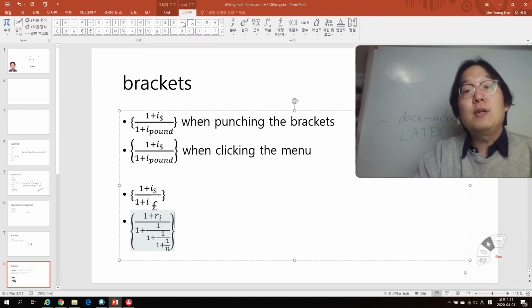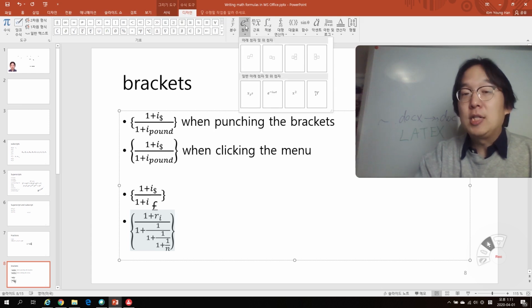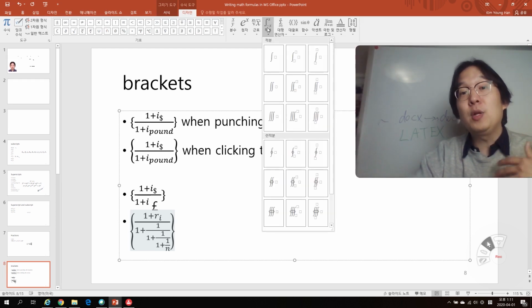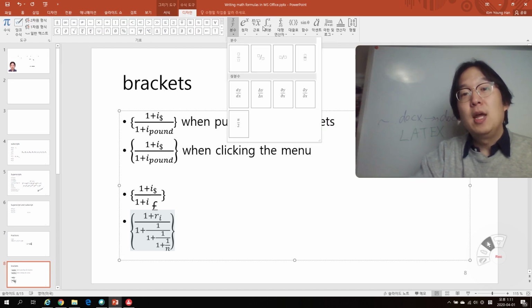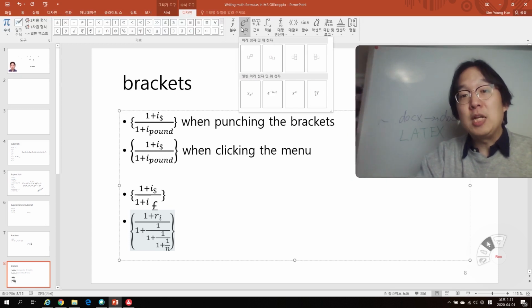And as you see over here, you see a lot of different choices that you can do, right? Explore some of these, and then you will learn a lot. And then there are some integration formula, differentiation formula, like this. And then summation and exponentiation, all these kind of things, right?